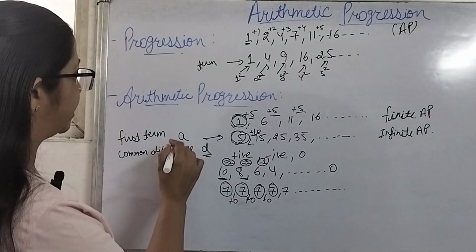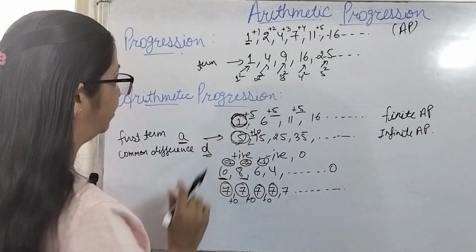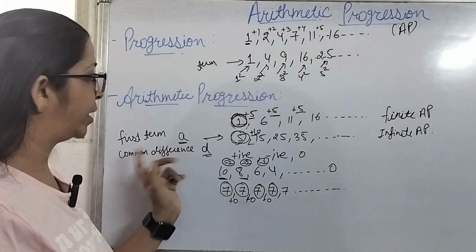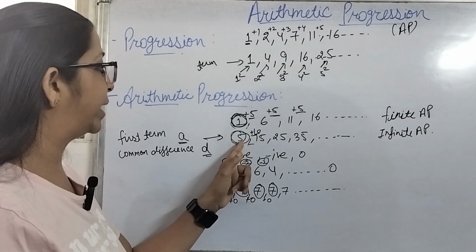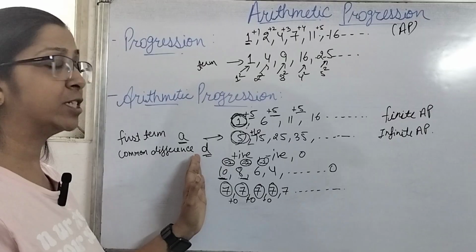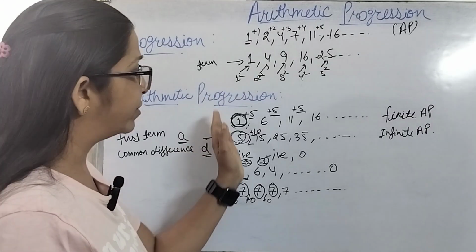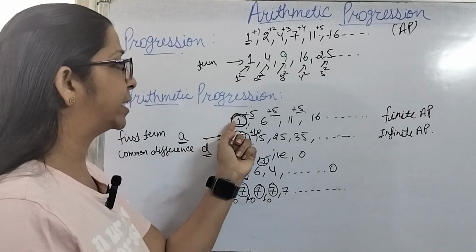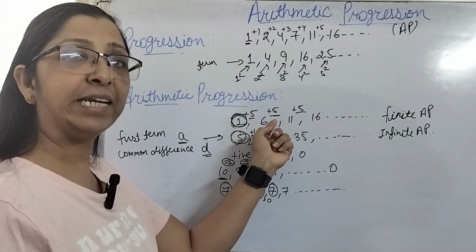Now we can see, just now we have said that the first term is denoted by small a and the common difference is denoted by small d. That means how can we get the value of small d, the common difference, because we are adding this common difference in the previous number to get the next number.